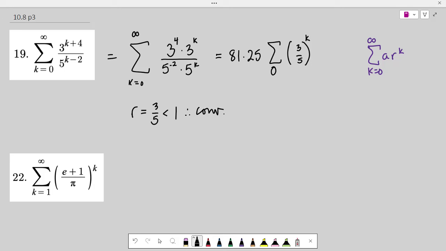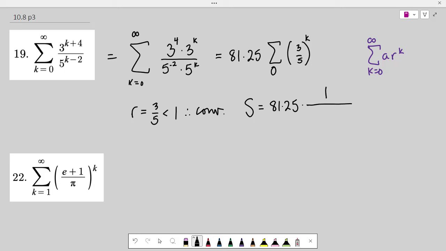Just like ratio and root and geometric, less than 1 converge. Now, what does it converge to? So we certainly have the 81 times 25 out front. What's the sum of the geometric series part of it? What's a?